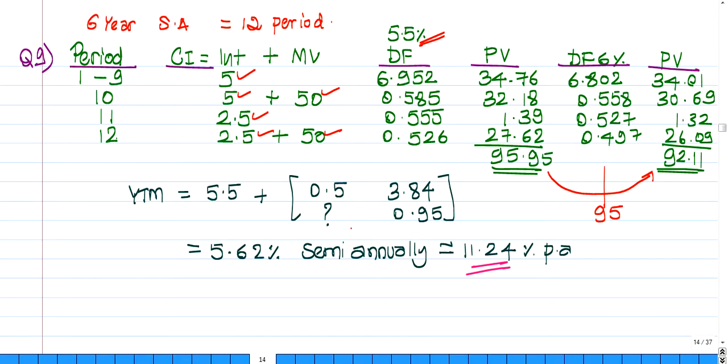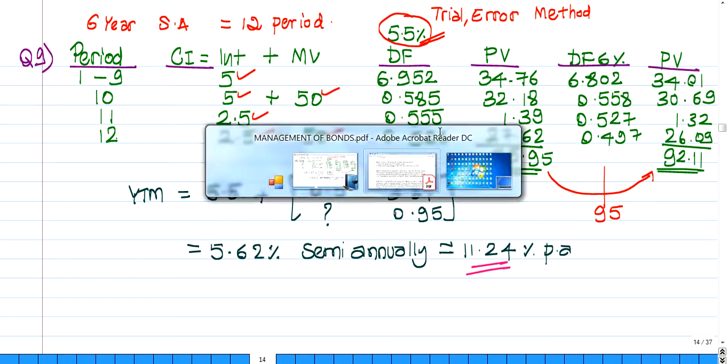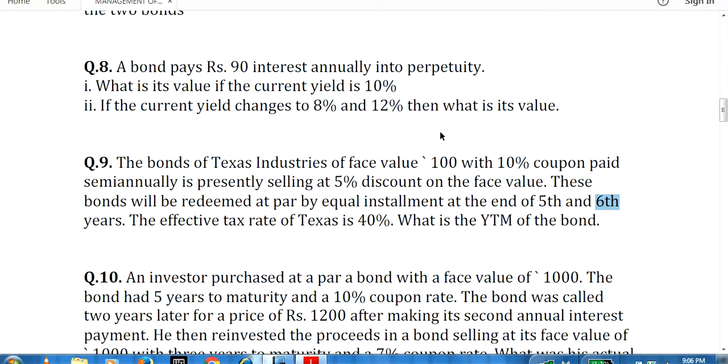Why 5.5%? Again, we are assuming this is a trial and error method. It should be more than 5.5, correct?